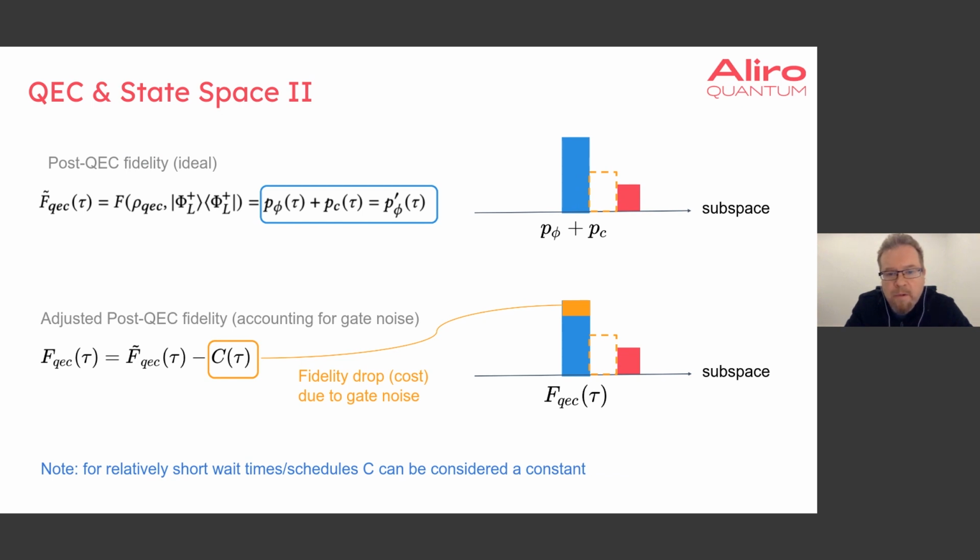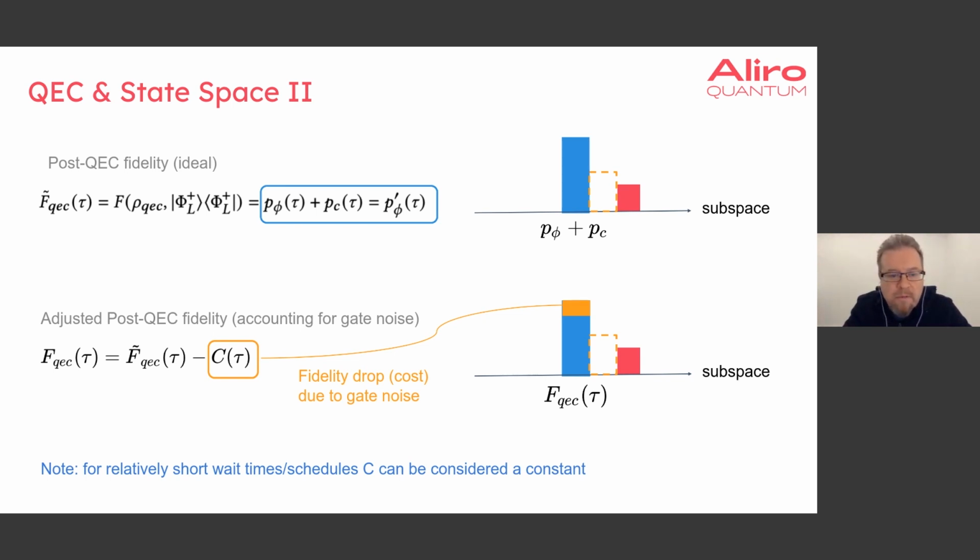Here, again, we're showing the boost where we've taken from the correctable part. But we do also have to account for the fact that our QEC circuit incurs a little bit of noise itself. So there will be a little bit of a drop here in our post-QEC fidelity due to the fact that our circuit itself has gate noise.